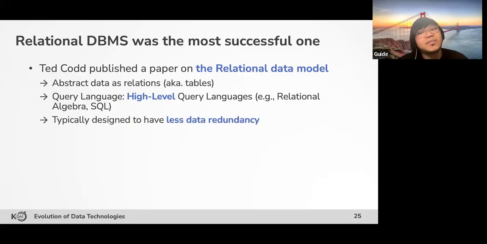And with relational databases, one of the goals is to reduce data redundancies. With less data redundancies, you're typically gonna have smaller data, and most of the time you could have fewer errors as well. Because let's say you want to modify one piece of data, but for this data you have 10 copies of it.